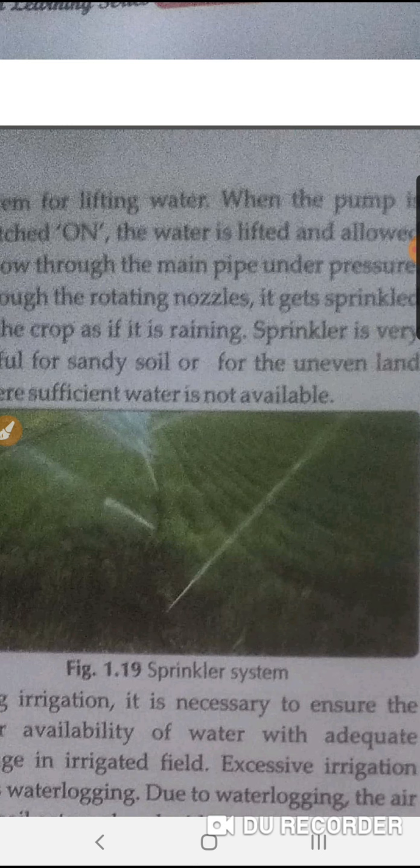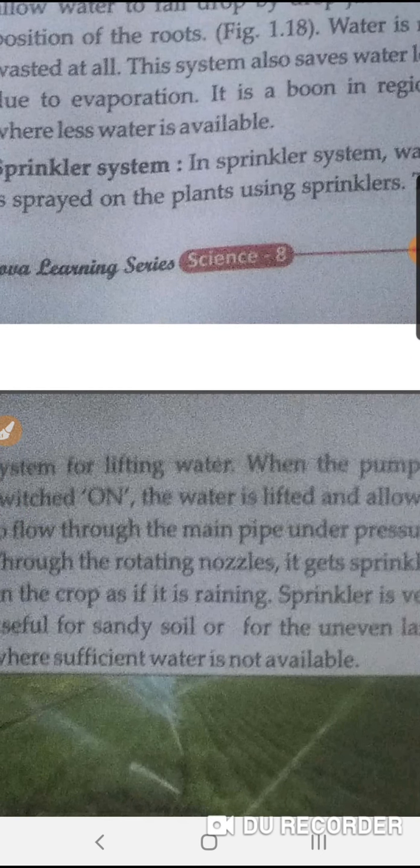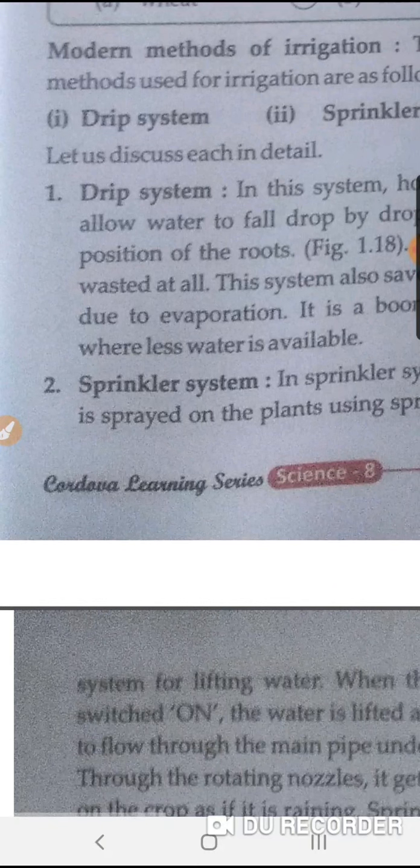But in this type of method there is wastage of water also. So in the areas in which there is plenty of water, we can use a sprinkler system, whereas in places where less water is available, we have to use the drip irrigation system.